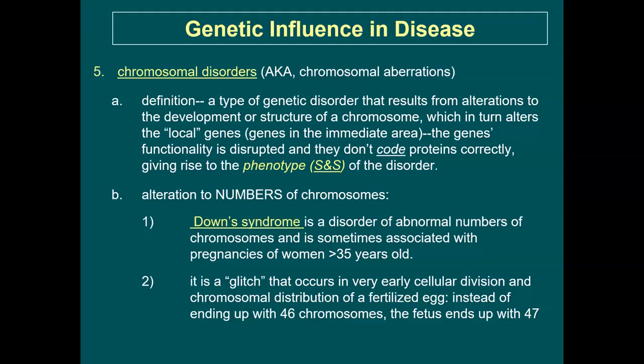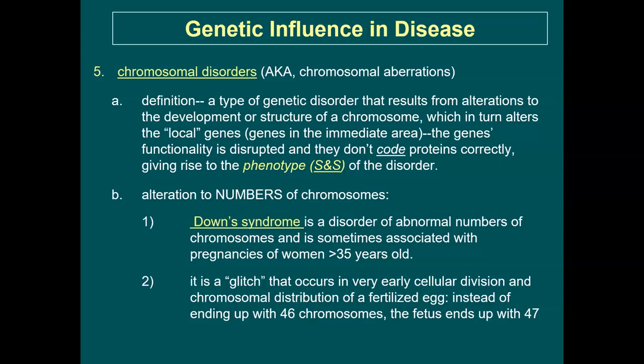And so there can be problems during that movement, and it usually falls into two categories. There is either an alteration to the number of chromosomes, or there's an alteration in the structure of chromosomes. Let's talk first about alterations to numbers of chromosomes.